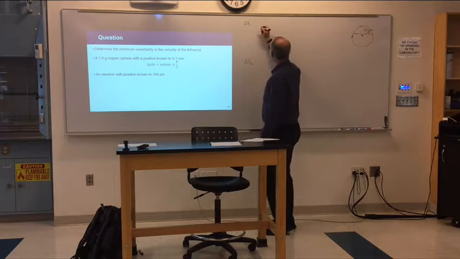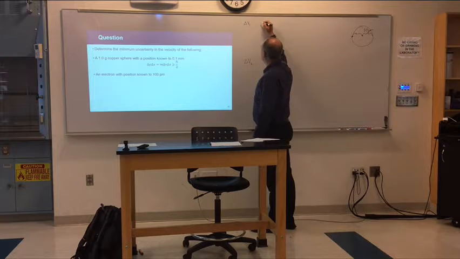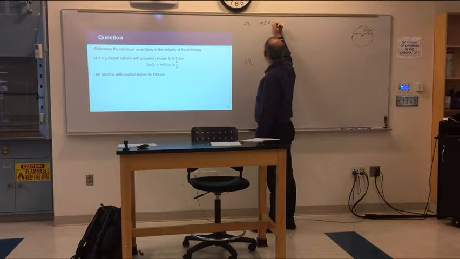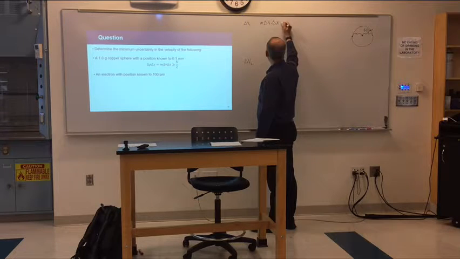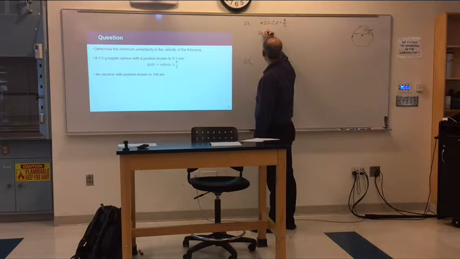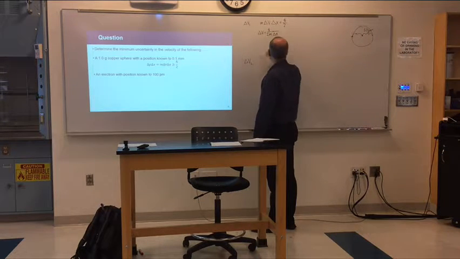So what we're going to do is say mass times the change in velocity times the change in position is equal to h bar over 2. To solve for this, the change in velocity is equal to h bar over 2m times our uncertainty in x.